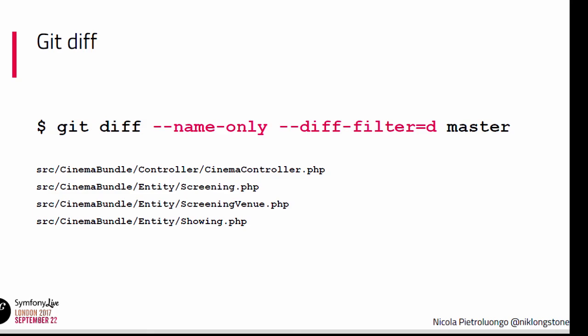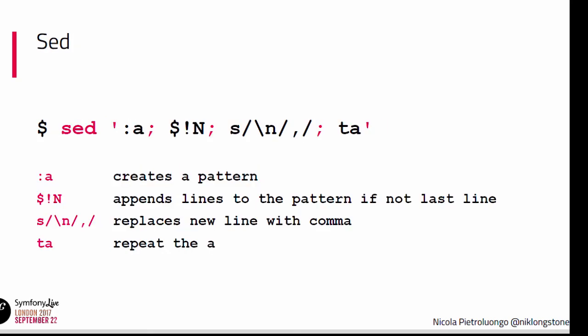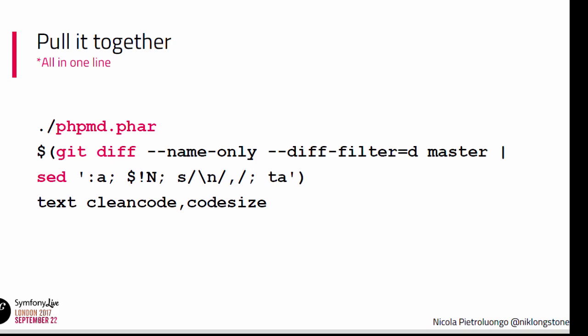How can I convert new lines into a comma separated list? With sed, in this way. So I just showed in 3 slides, in 3 seconds, how you can run in automation something that enforces your review process. This is the all-in-one command. It should be all in one line.